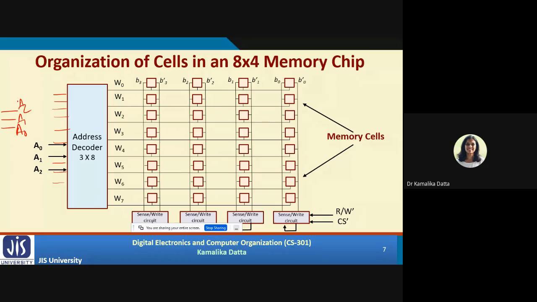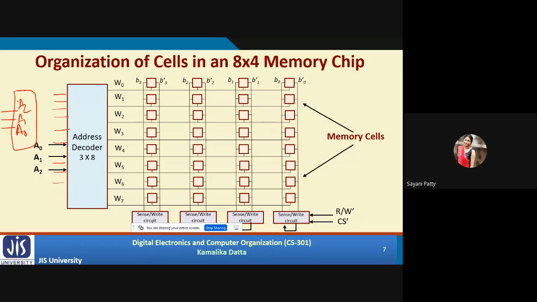So how is it organized? See this very nicely. For this case, we might not need a 3x8 decoder, but we need this decoder when you see how many address lines you are giving. You are giving 3 address lines, right?